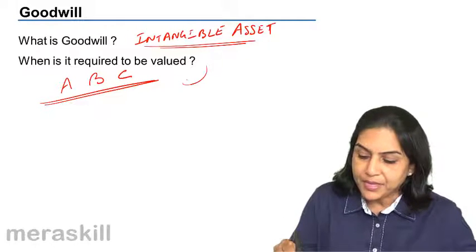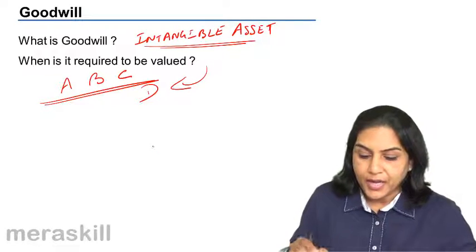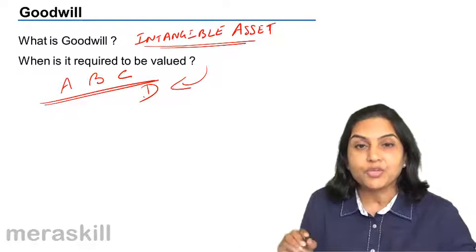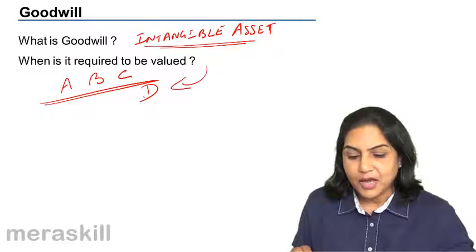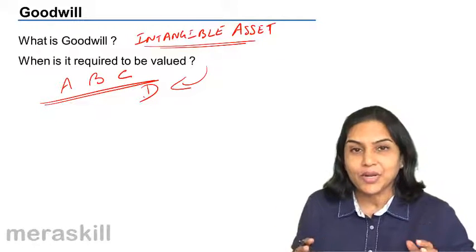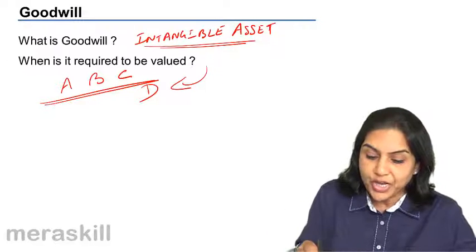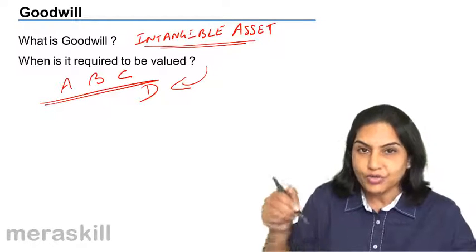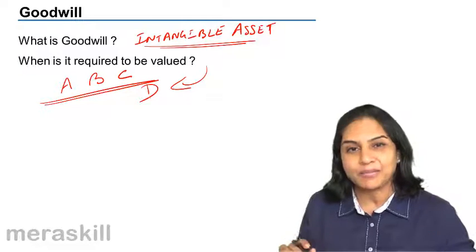They now admit a new partner, D. If after admission of D, tomorrow they were to sell this business, a large part of the value of the business, money that they will get, will be on account of goodwill, which would be shared by all four of them. Though D has only just come in and has not really helped in building up this goodwill.